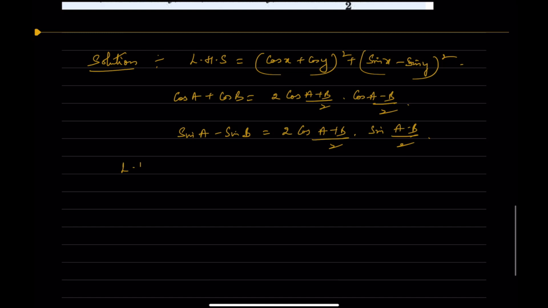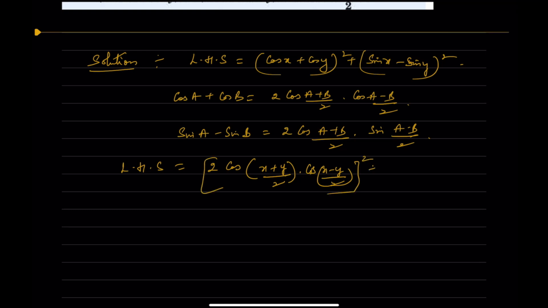So LHS is equal to 2 cos (x plus y by 2) into cos (x minus y by 2) whole square plus 2 cos (x plus y by 2) into sin (x minus y by 2) whole square.